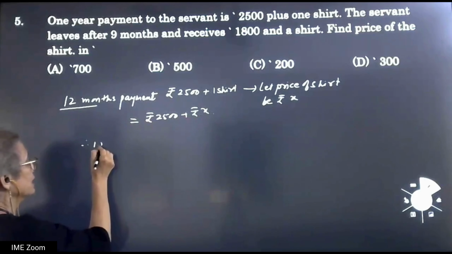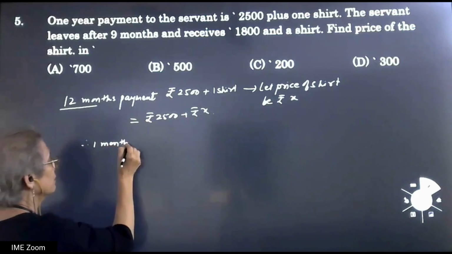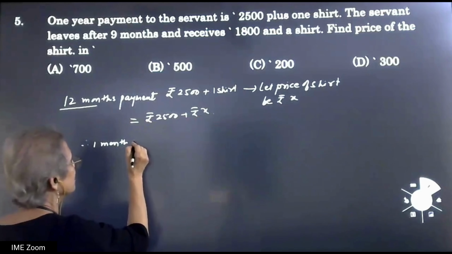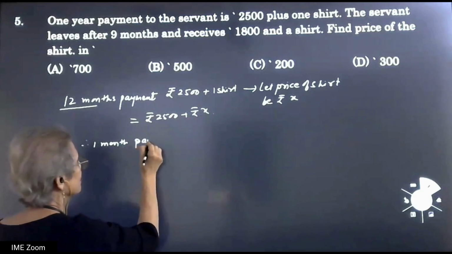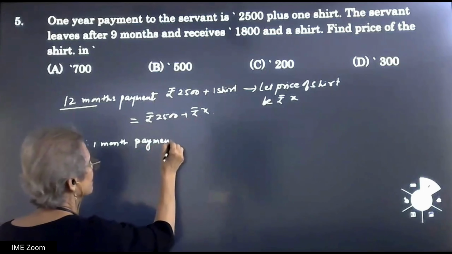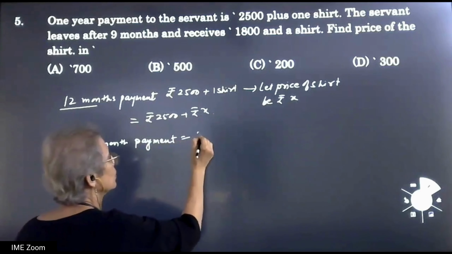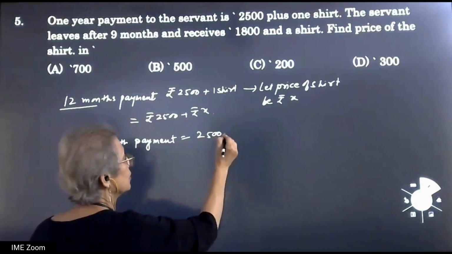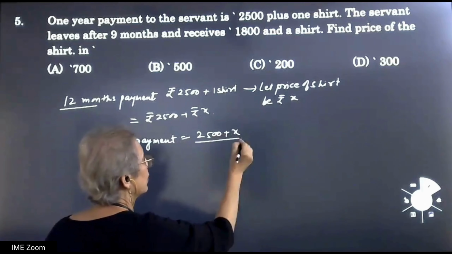Therefore, 1 month's payment is equal to (2500 plus X) upon 12.